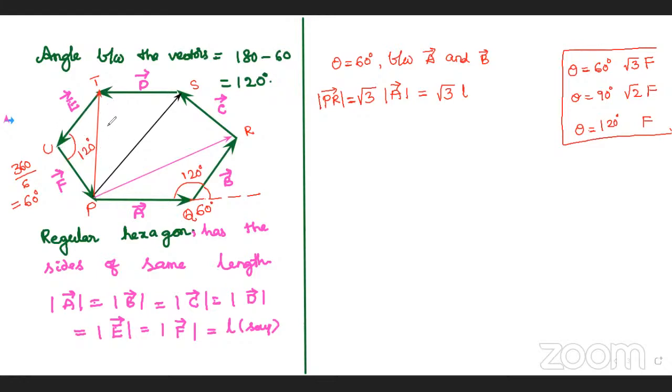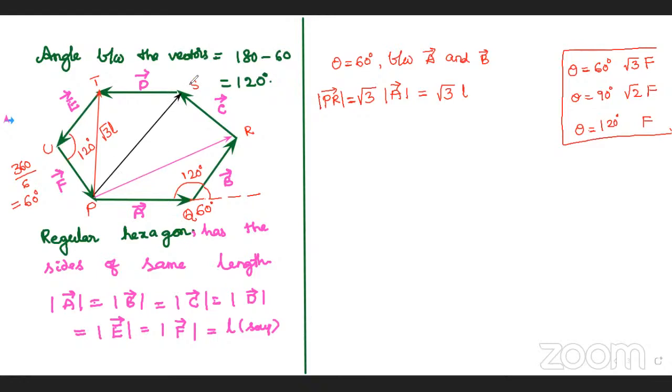Then the resultant is root 3 times one of the vectors E or F, or B or C or D or A, anything, equal to L. Their magnitude is L. So directly I write here, this is root 3 times L. Now you just have to find the magnitude of this one.